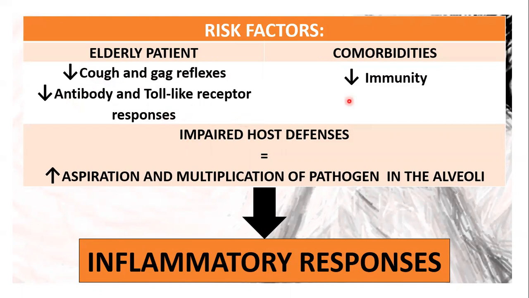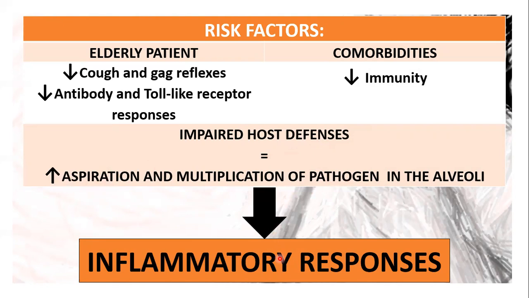So combining the two, it would lead to impaired host defenses, leading now to increased aspiration and multiplication of the pathogen in the alveoli. And then the manifested symptoms would be due to the inflammatory responses of our body against the colonization of the pathogen in the alveoli.